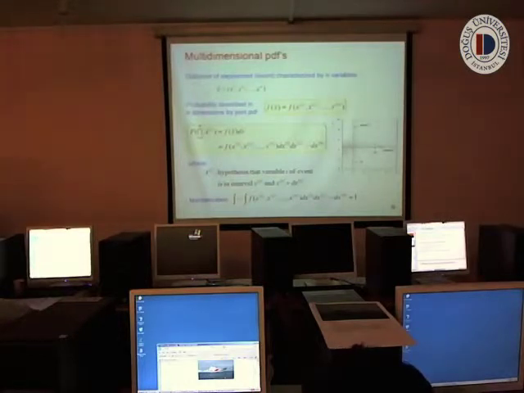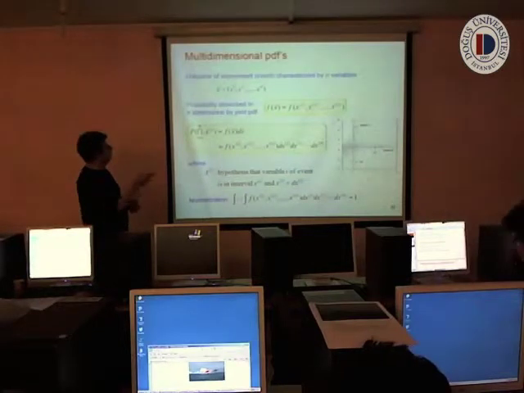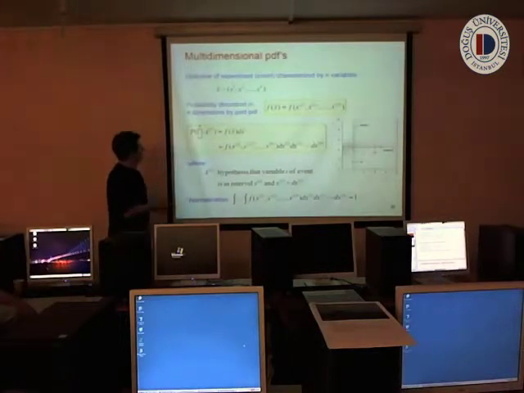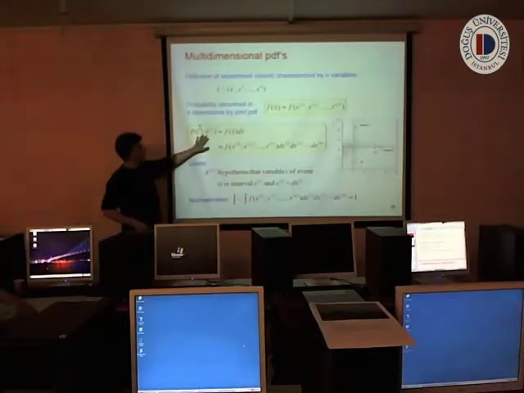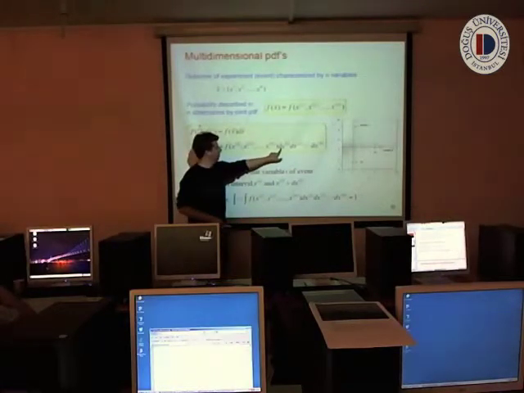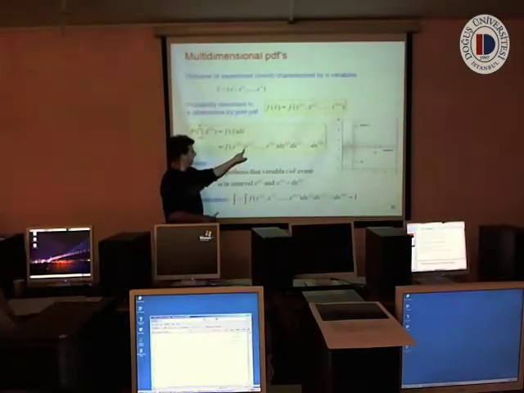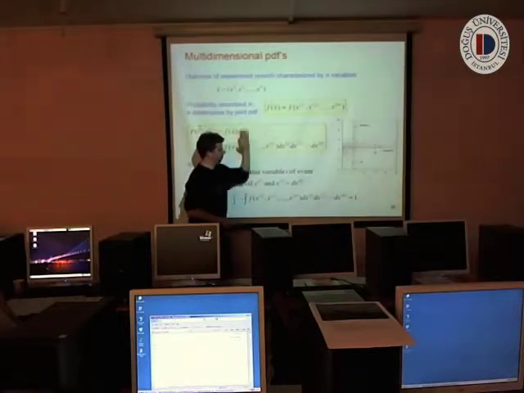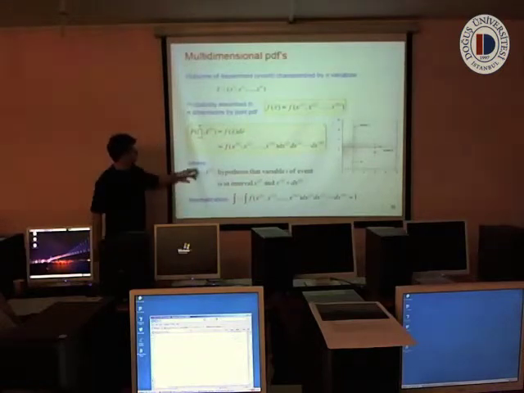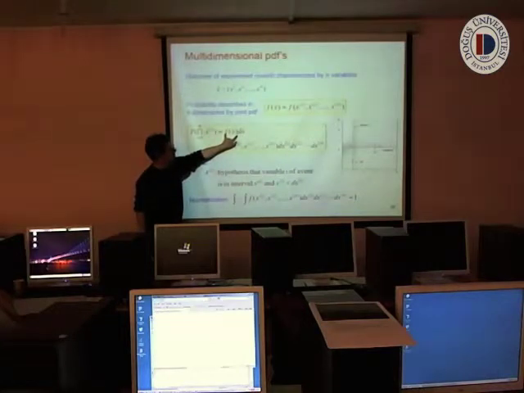Now, what we have looked at in one dimension, we can also look at in many dimensions. Let's look at n dimensions, but in the drawing only two dimensions. The probability of a certain event lying at x1 plus dx1 in the first variable, and at x2 plus dx2 in the second variable is called the joint PDF, the multidimensional probability function.